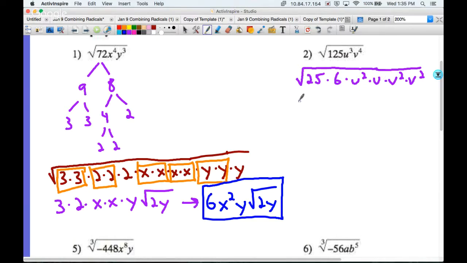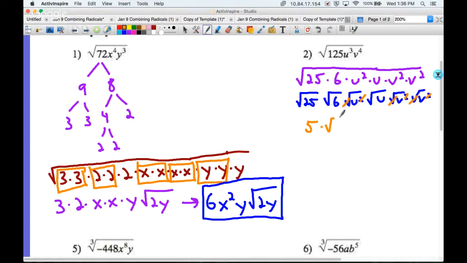All right, now I'm going to distribute the radical. Square root of 25, square root of 6, square root of u squared, square root of u, square root of v squared, square root of v squared. The square root of 25 is just 5. And then these square roots negate the squares.